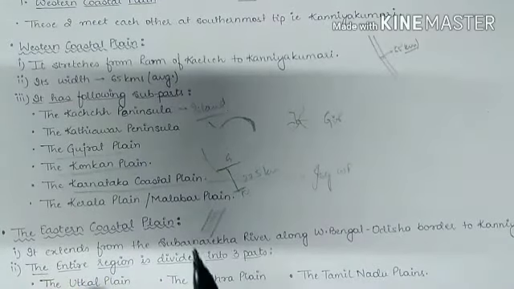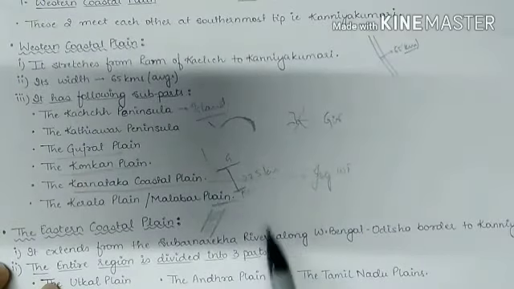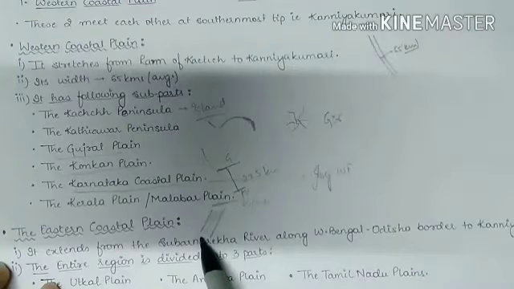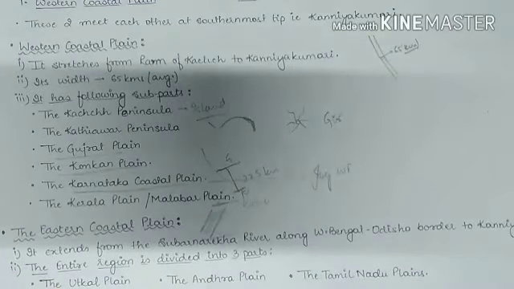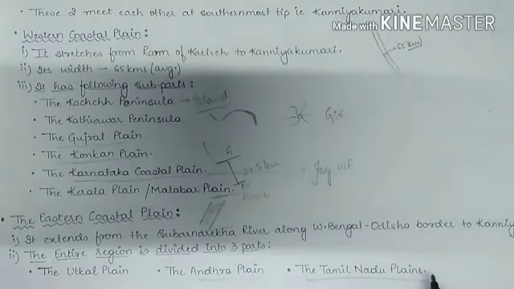Okay, and this eastern coastal plain extends from Swarnarekha River along the West Bengal and Odisha border to Kanyakumari. Okay, and this entire region is divided into three parts. First is Utkal plain, then we have Andhra plain, and lastly we have Tamil Nadu plain.